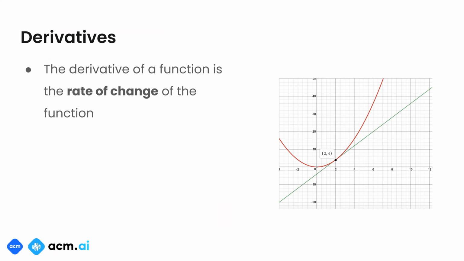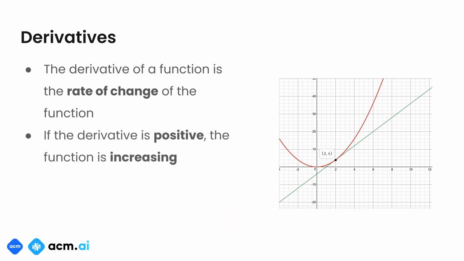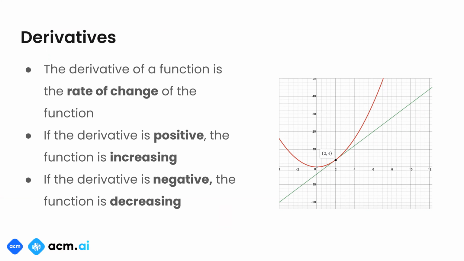How fast is the function increasing or decreasing? If it's positive, it's increasing, so as over here, the function is increasing and the derivative is positive. On the opposite side, if the derivative is negative, the function is decreasing. Has everyone taken or done derivatives before? Show of hands. Yes.